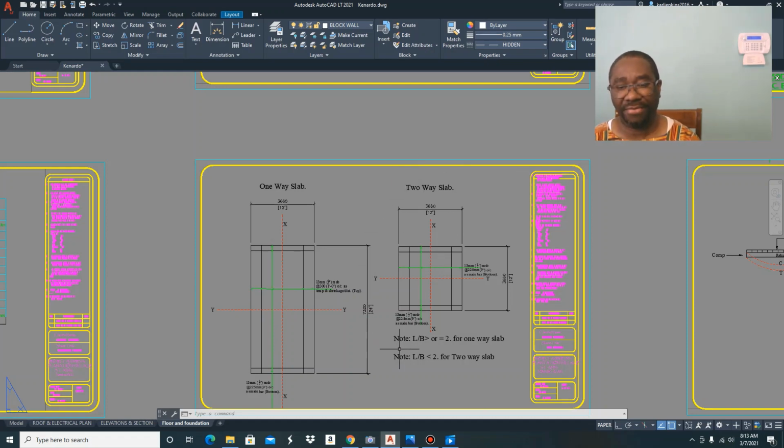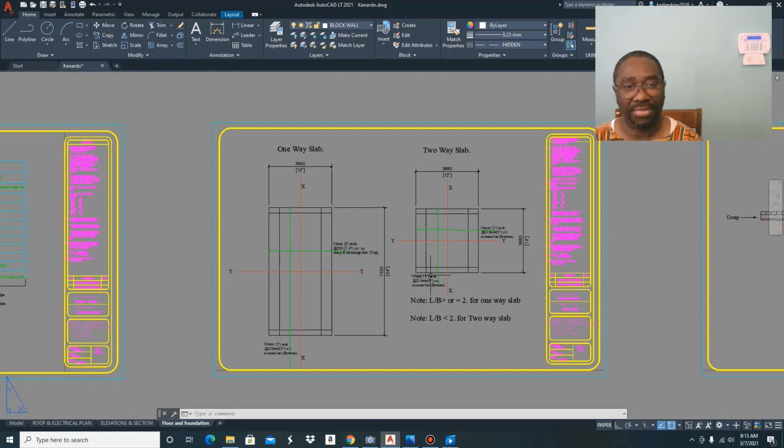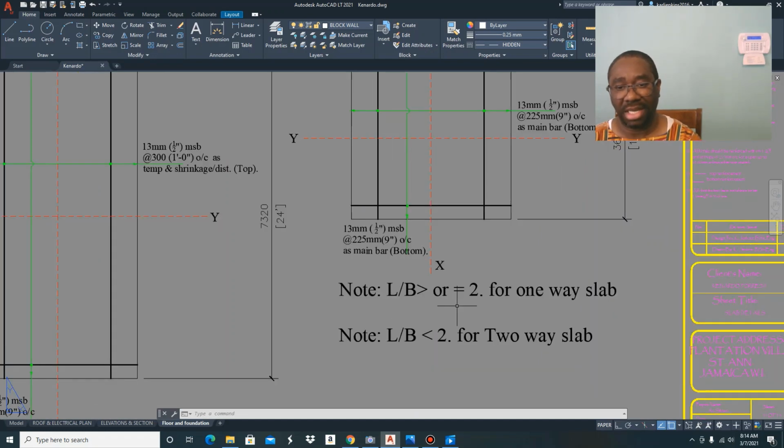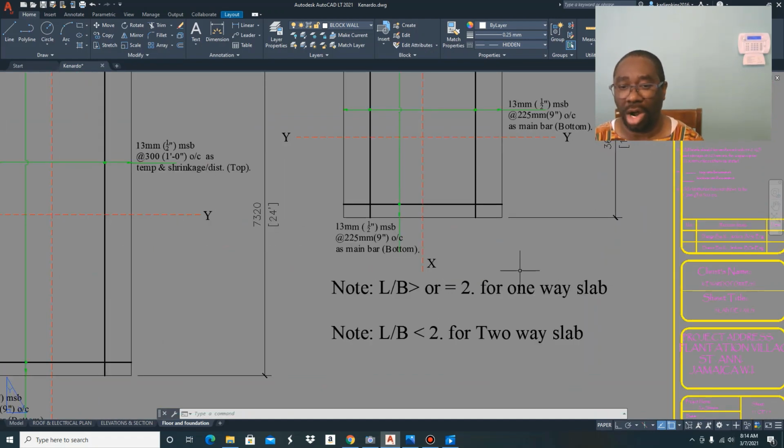There is a formula to know when you're dealing with a one-way slab, right? And that is the ratio of the long side to the short side, meaning you divide the length by the breadth or width. And if that is equal to or greater than 2, that means you're dealing with a one-way slab.